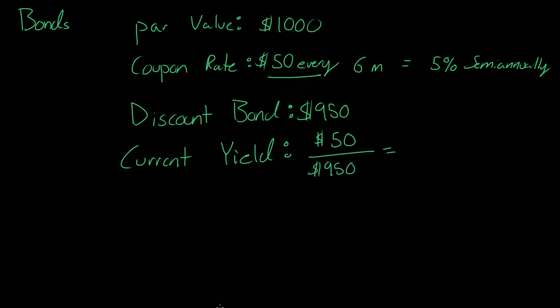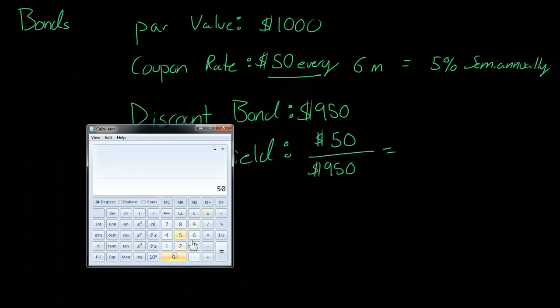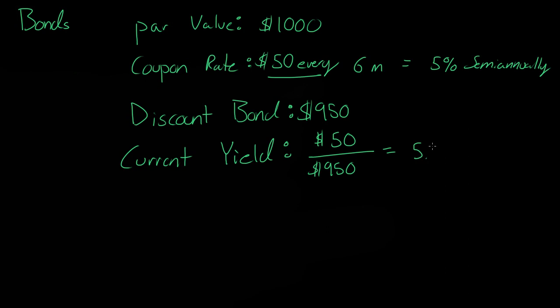And this will get us, so we have 50 divided by 950, and that is 5.263%, semi-annually. So what is our yearly interest rate?